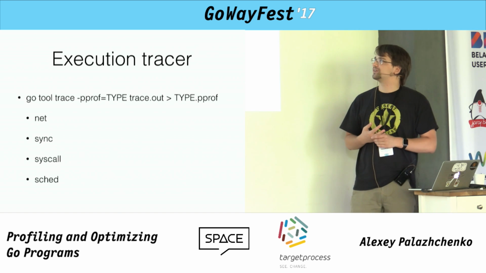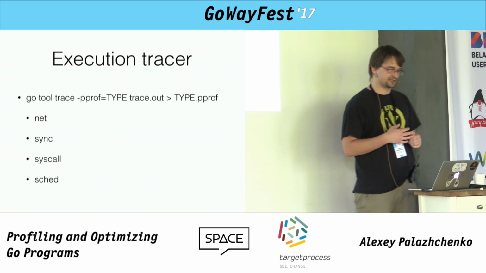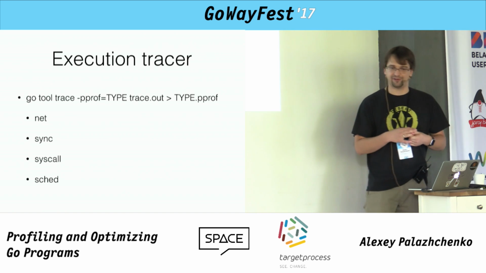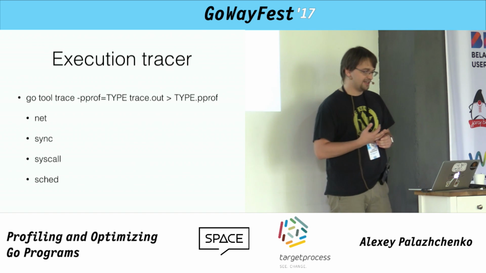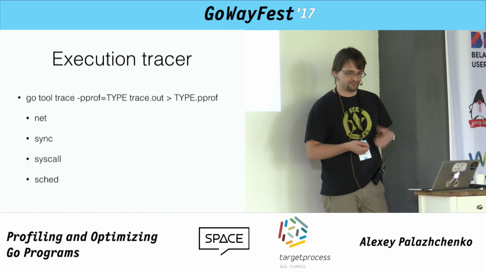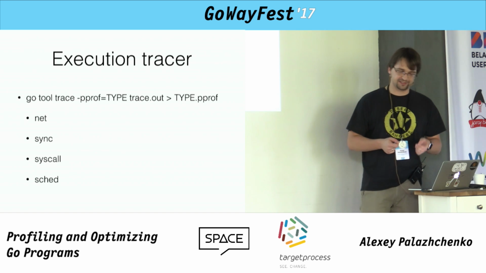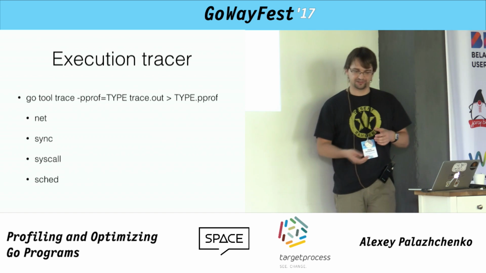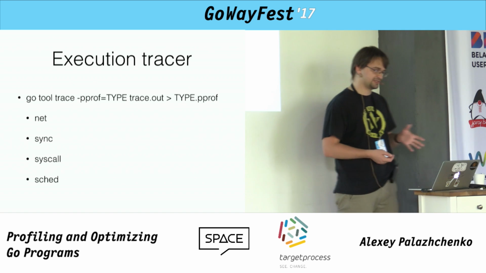Most importantly, it also adds symbols to this profile, so you don't need a binary anymore when you analyze it. And this type can be net, sync, syscall, or sched, depending on what you want, and maybe some other types will be added. For example, when I add this net flag here, you will see all the network commands. It's very useful if you think that some problem is with your network.